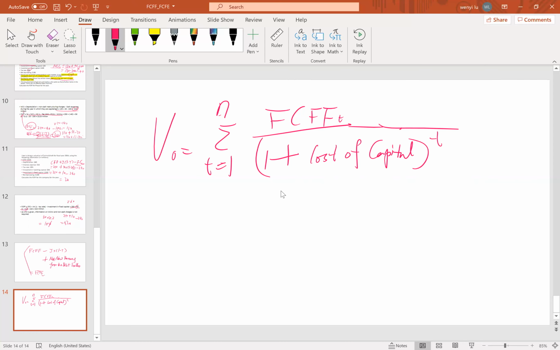So basically, you take the discounted value of the free cash flow to the firm, using our cost of capital as the discount rate, then add all these terms up to get the value of the firm.